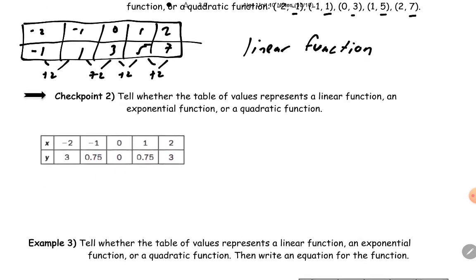Okay, let's look at the next one. So we can tell that the differences are not going to be the same, and the ratios are not going to be the same either. So how do we figure this out?